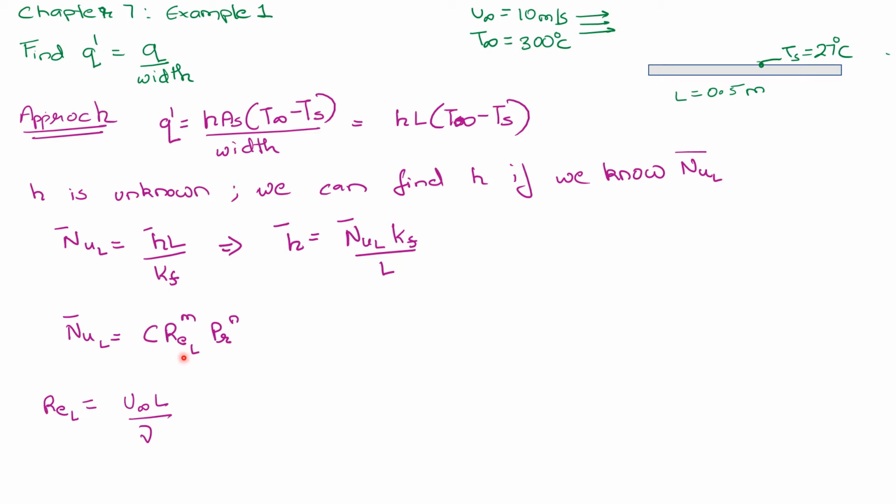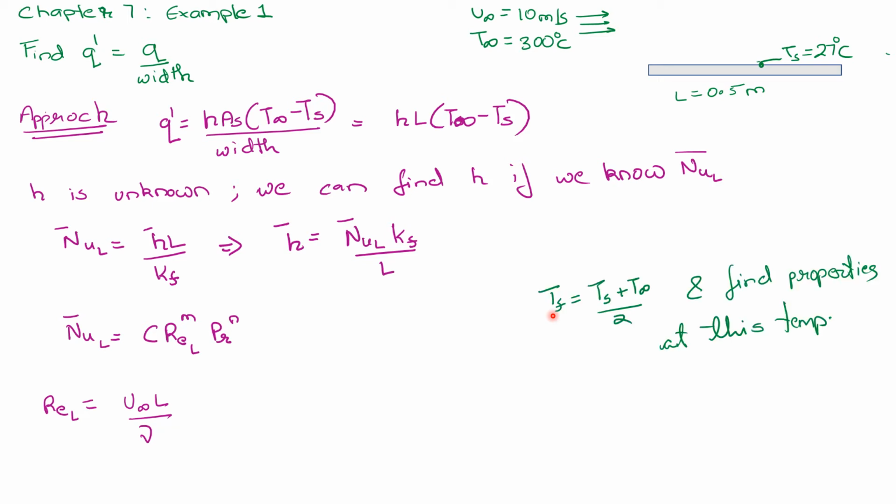So our first step will be to find out what our Reynolds number is, and for that we'll need different properties like our viscosity, our Prandtl number and thermal conductivity. We will calculate our properties at an average temperature, which is also called the film temperature.